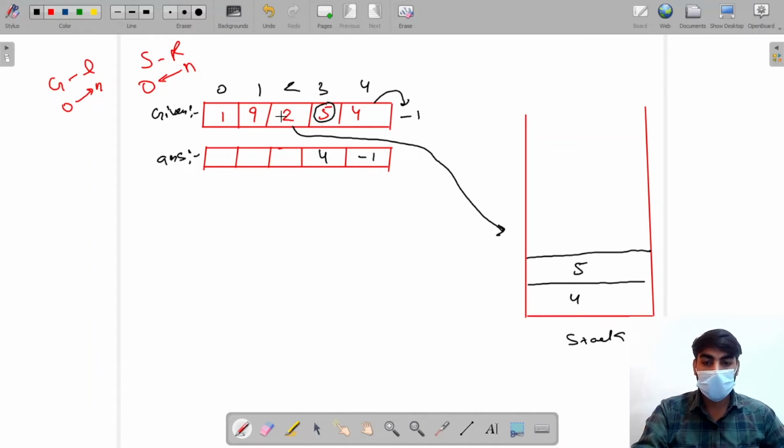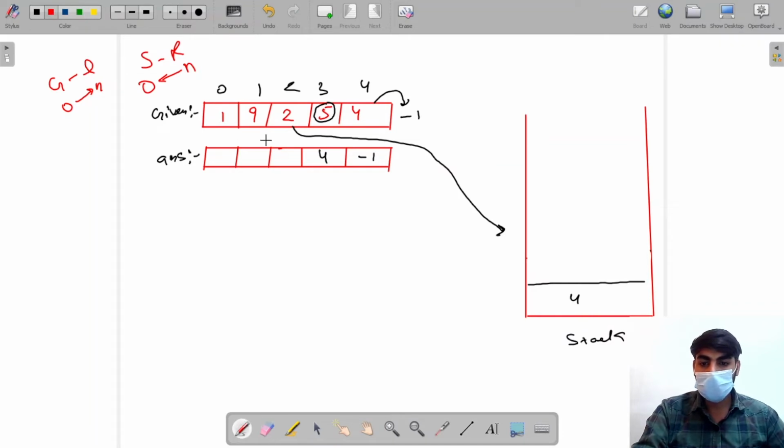For smaller, if the value of the number is smaller than the number present on the top of the stack, then pop the number and check for the next element present in the stack. So firstly we pop the element. For that we remove 5 from here.